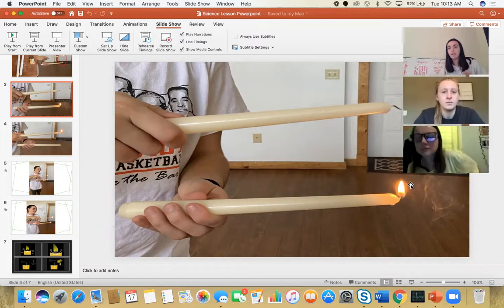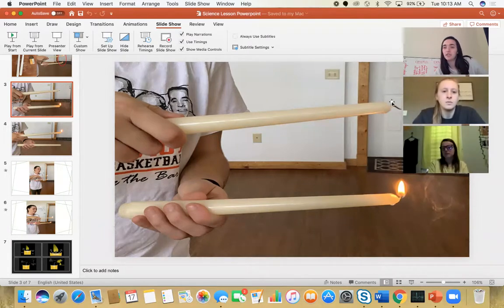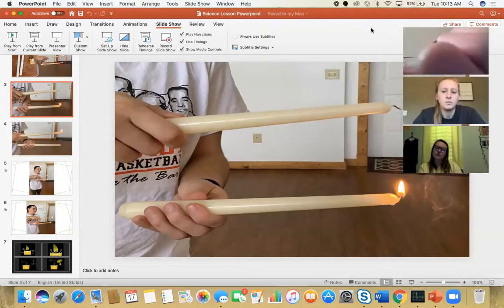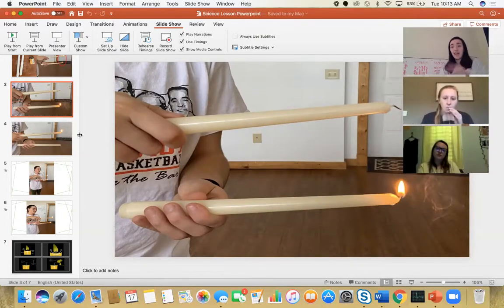And so when we say heat rises, again, absolutely true. However, the smoke is rising from this candle right here. So as this smoke rises up, there's no way that that smoke can interact with this flame.